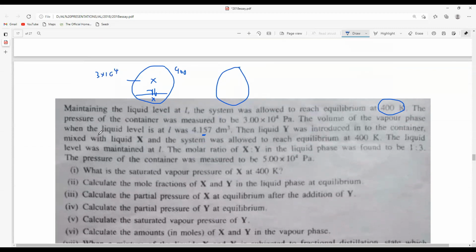And the volume of the vapor phase when the liquid level is at L, so this volume is given, 4.157, V, and this is P, and this is X. Then you introduce Y here, so then you have X and Y both here.